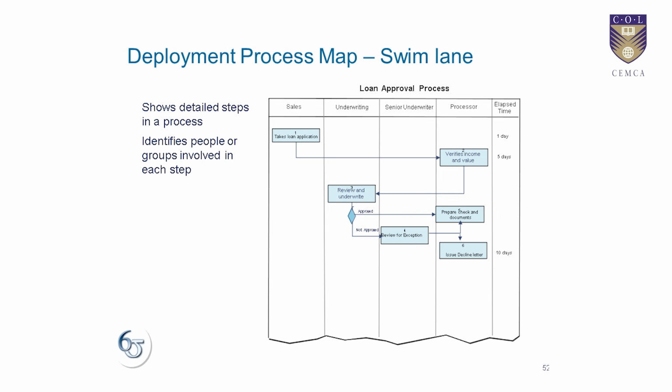Another team, the underwriter, will understand your eligibility: do you have creditworthiness, have you been paying your loans on time or not? If this person is not able to decide, it goes to a senior underwriter, and then finally to a processor who will process the letter, and your loan is disbursed and so on.